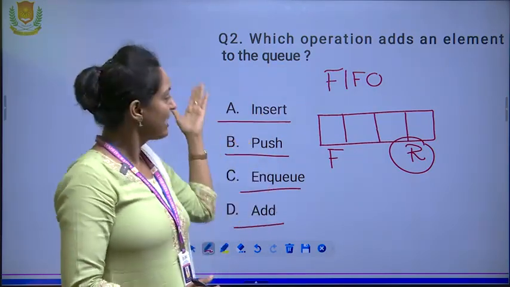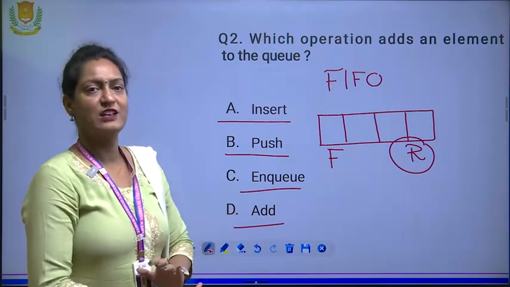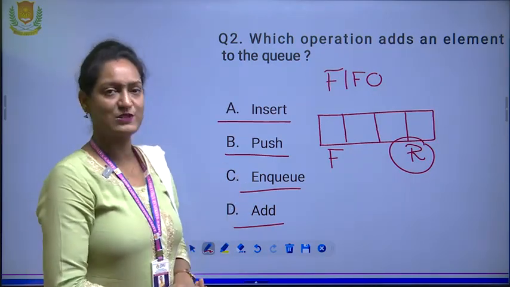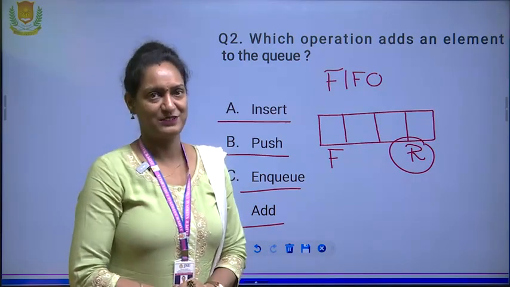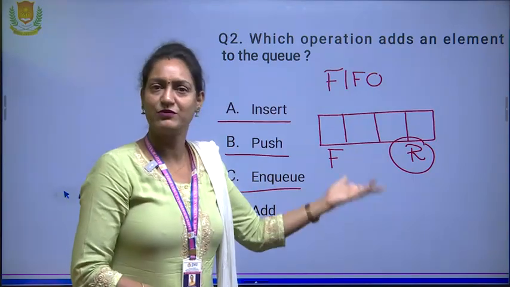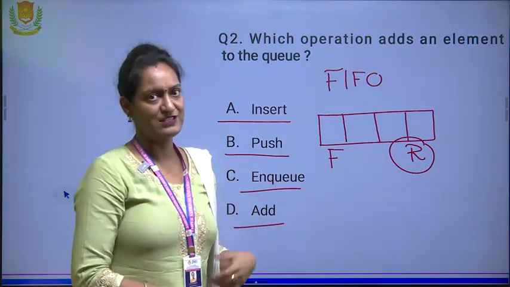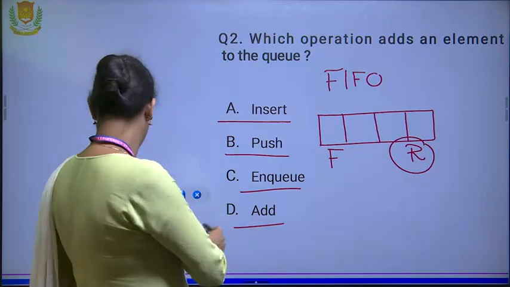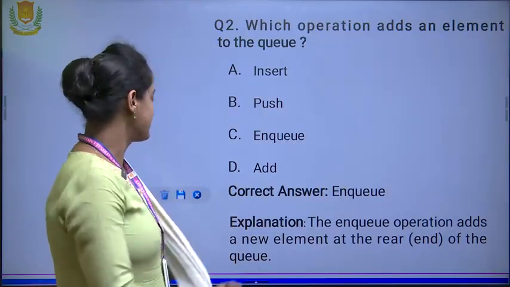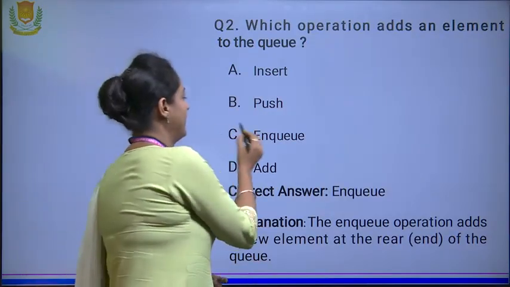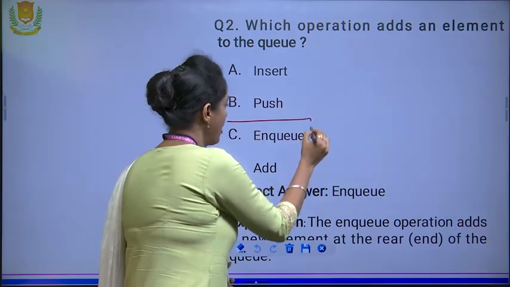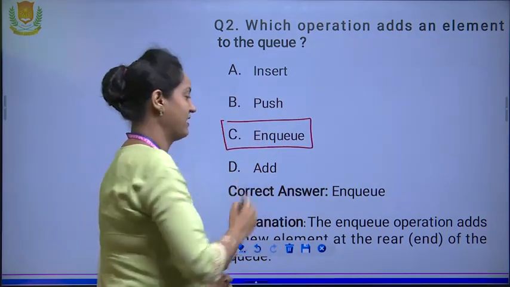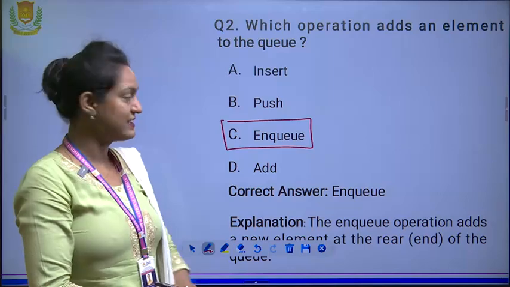Again, this is a very easy question, so try to evaluate this question and give me the answer. Okay, now we will see the answer of this question. The answer is NQ, so the answer is option C. Option C, that is NQ.